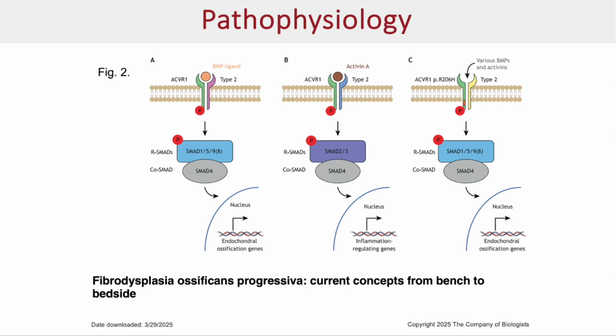You cannot always predict how severe the problem might be from having that gene change, only that there is a 50-50 chance of passing it on once a parent has this change. And that has been seen in families with FOP.